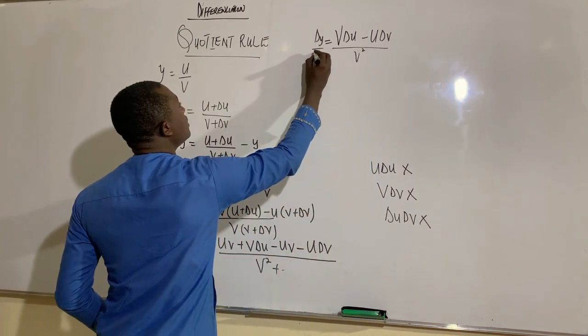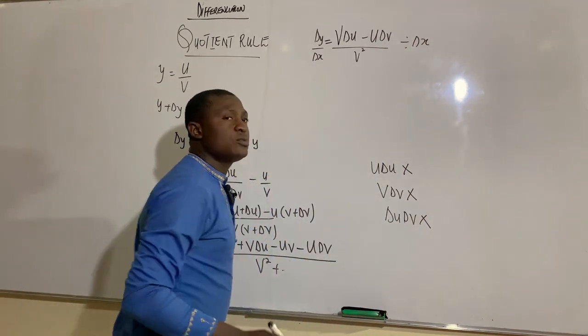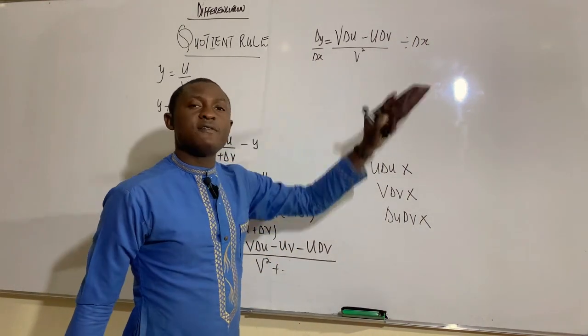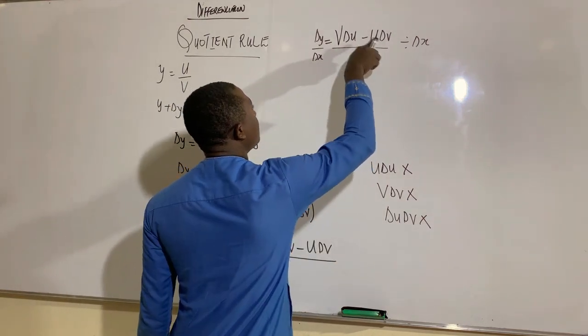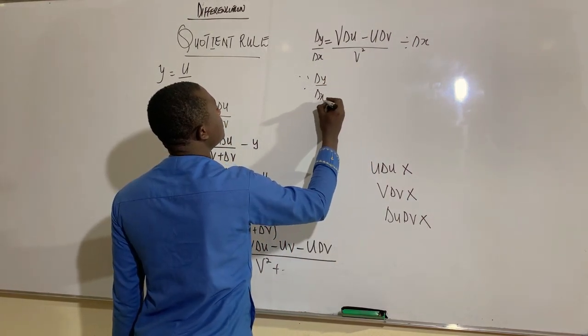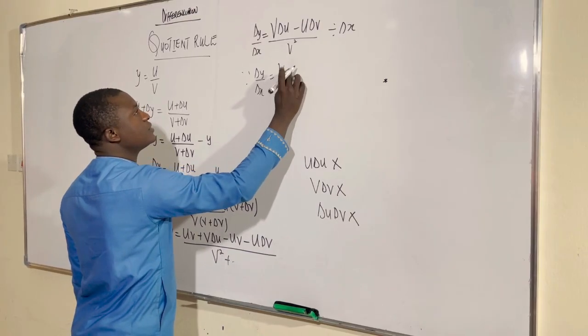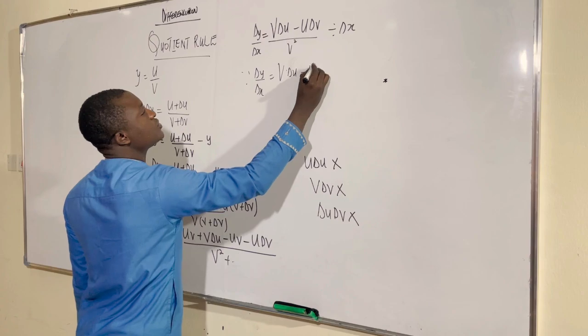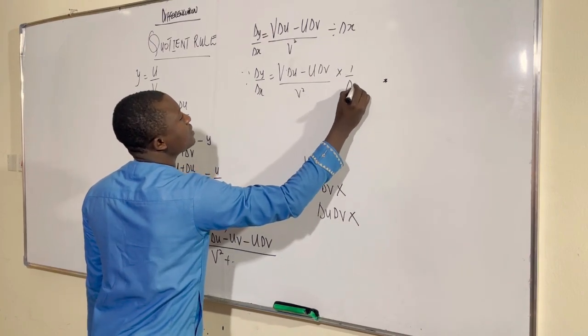So now normally we divide all through by dx, and we do that under the first principle. I told you if you have divisions, it can change to multiplication. When it changes, it can only affect the one we have at the numerator. So here we have dy dx of this is equal to v du minus u dv over v squared multiplied by 1 over dx.